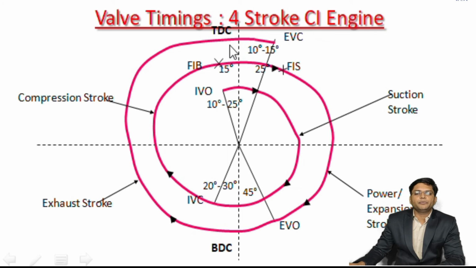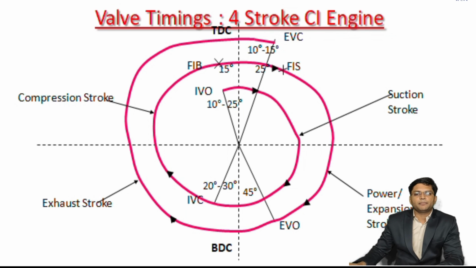The variables we have seen here, like 10 degrees to 25 degrees, are given as ranges. These are set according to the speed of the engine. We know that if the speed increases, then the time available for mixture preparation and for the escape of exhaust gases through the valve should be more.